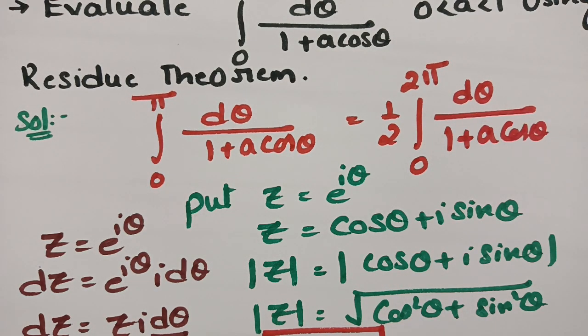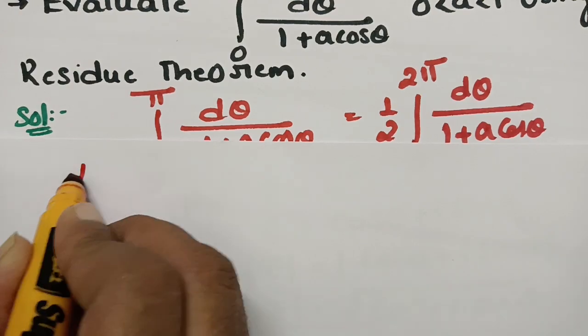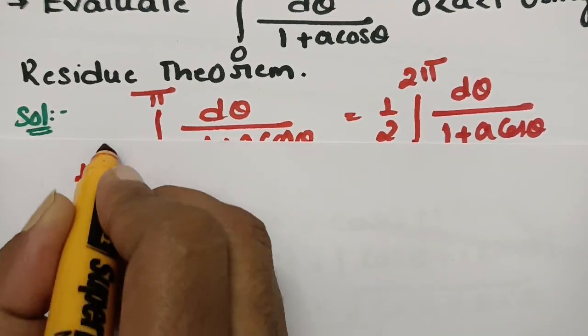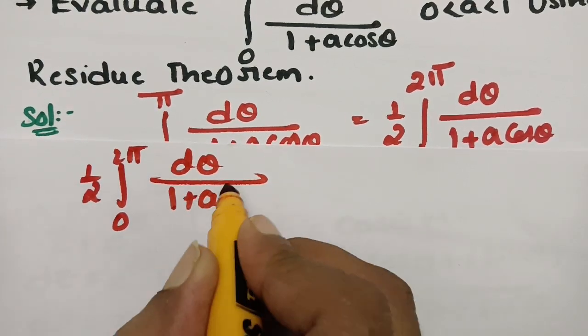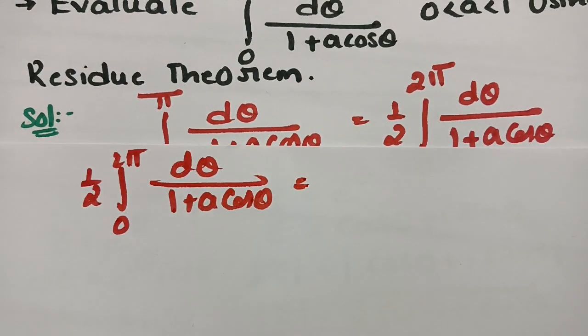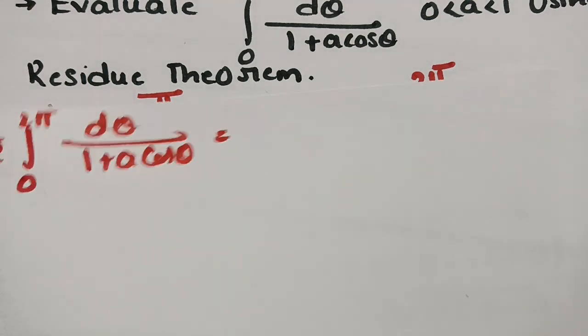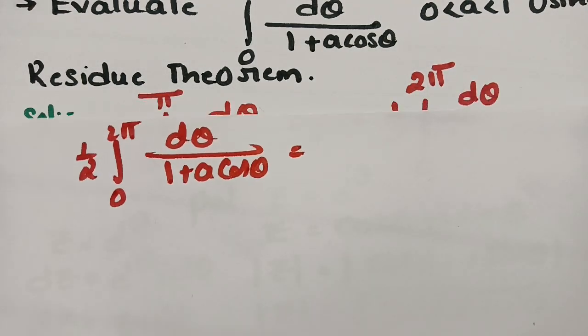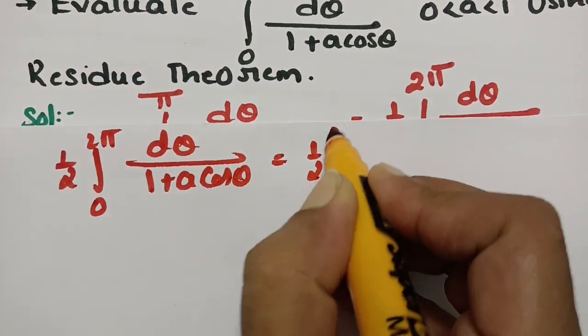Now I am going to substitute in this integral. Which integral am I going to take? I am going to take this one, that is half times the integral from 0 to 2 pi of d theta by 1 plus a into cos theta. This can be written as half times the integral from 0 to 2 pi.